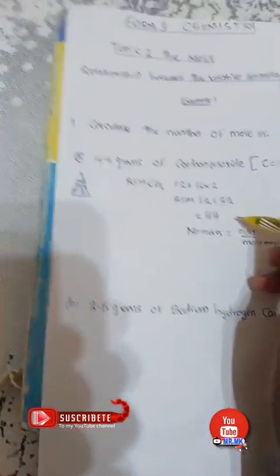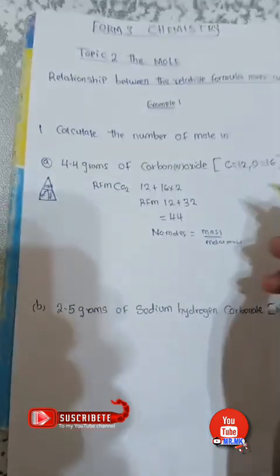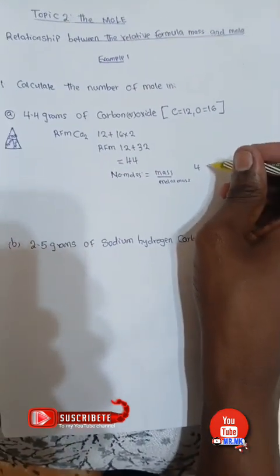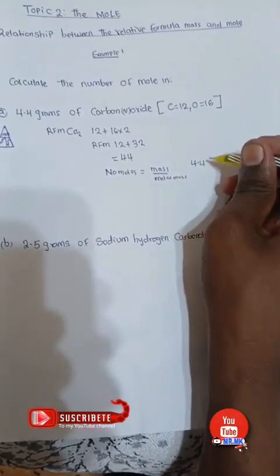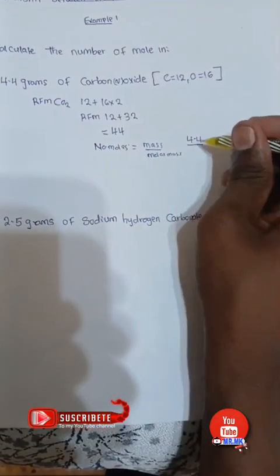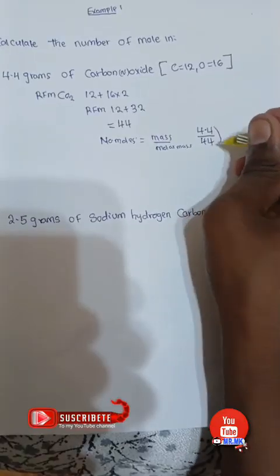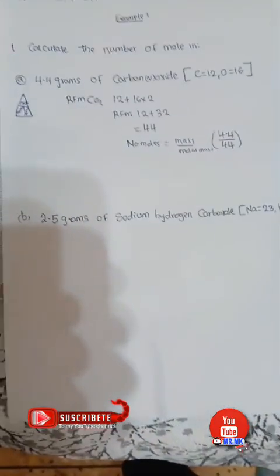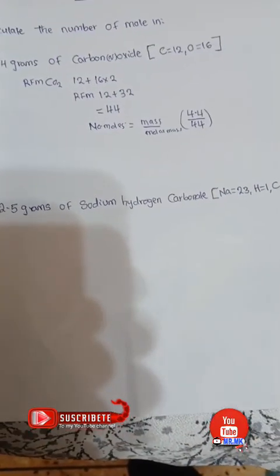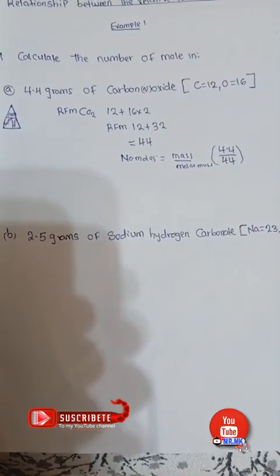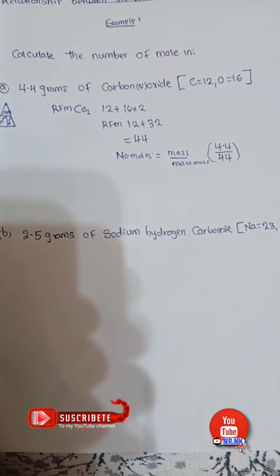Now mass we have 4.4 grams, divided by the molar mass, which is 44. 4.4 divided by 44. You have to use your calculator wisely for this case.